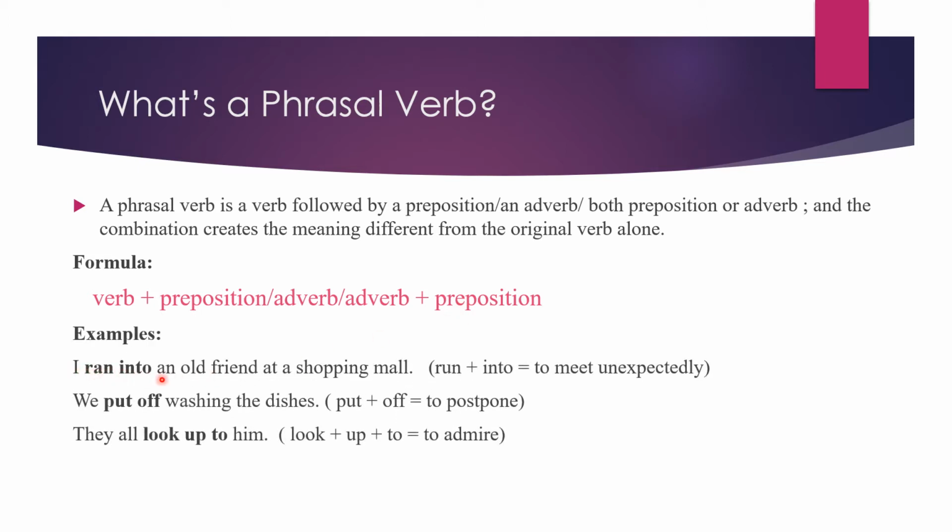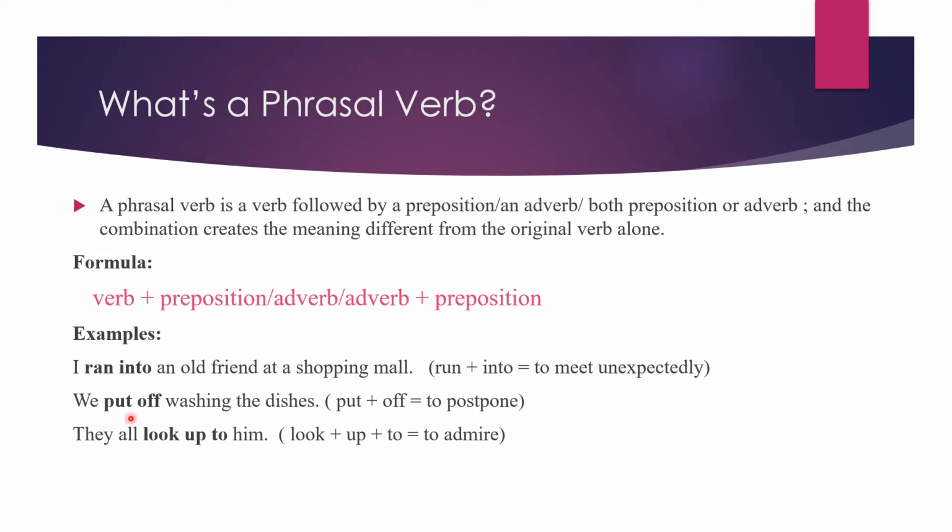I ran into an old friend at a shopping mall. Over here the phrasal verb is ran into, and you can see this verb is followed by a preposition, and this phrasal verb means to meet someone unexpectedly. Next one is, we put off washing the dishes.